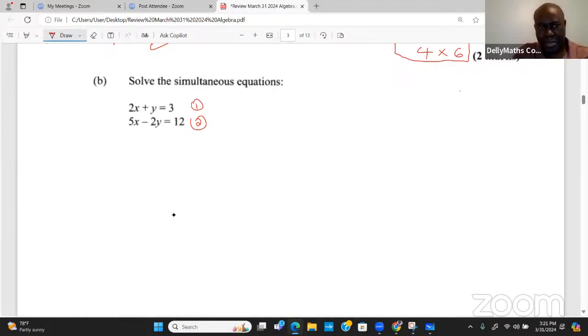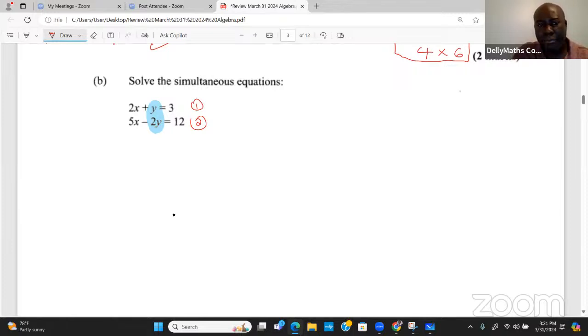I'm noticing that I am able to make a direct link between those y's, because one is 1 and one is 2. I realize that if I multiply equation 1 by 2, I will be able to eliminate y. My intention is to eliminate the y first, find a value for x, and then substitute after that.